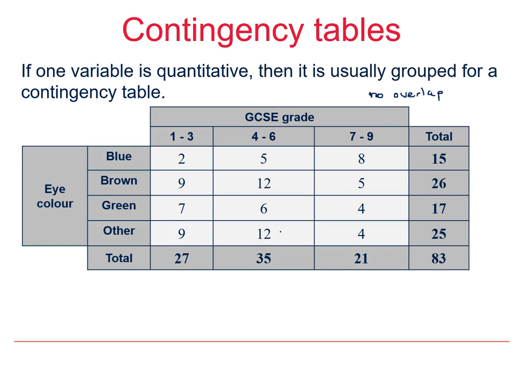And again, notice we've got totals there, and the totals for the rows and the totals for the columns both give us our overall total 83.